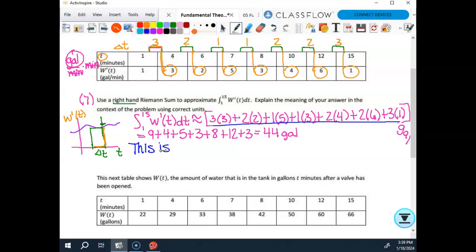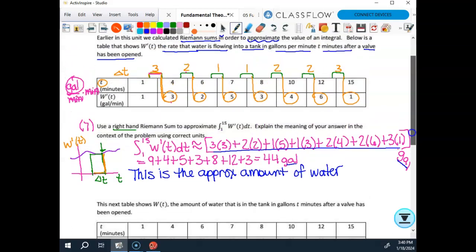All right. So this is the approximate amount, because remember we are approximating, and I can just say amount because I should have gallons here or here, so there you go. This is the approximate amount of water. So I think this was a water problem again. Let's see.